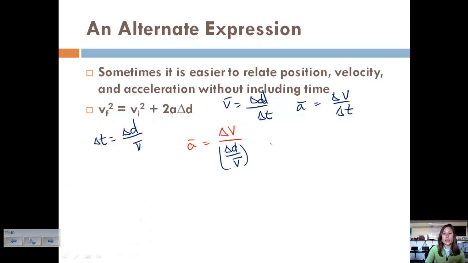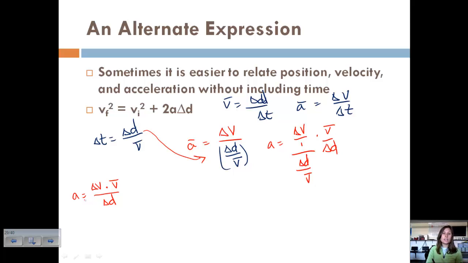First we've got a fraction over a fraction. Let's fix that. So we have delta v over 1 over delta d over average velocity. Remember, that delta d over average velocity just came from my time, and I substituted it. So now I'm going to multiply by the reciprocal, and so I get a equals delta v times average velocity over delta d.